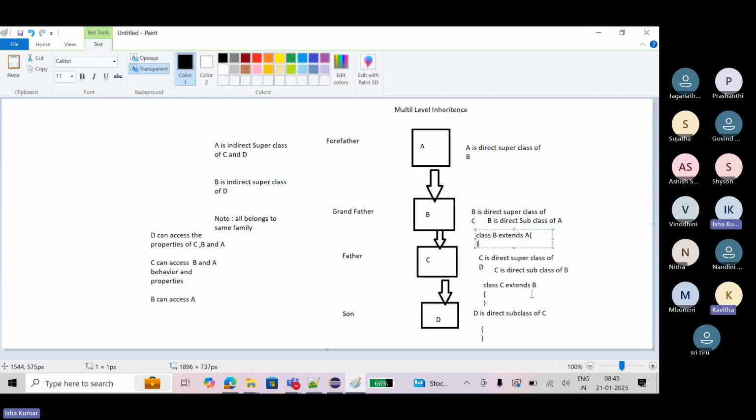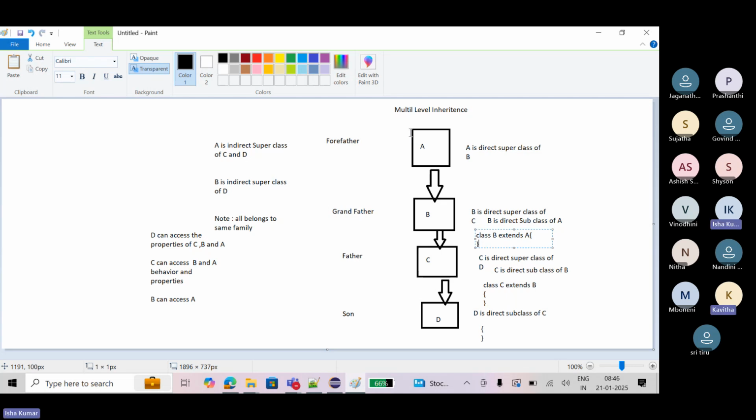So at a time, only one class will be extended, and this lowest child, the latest child, will have the capability to access the properties of all the father, forefather, and superfather classes. Because he is from the same blood. He is the latest one.